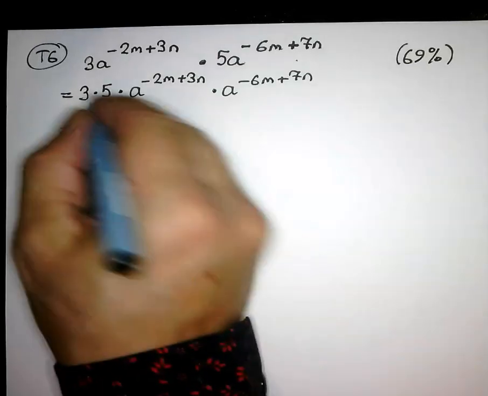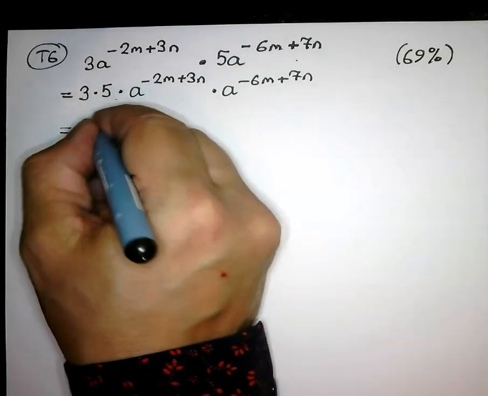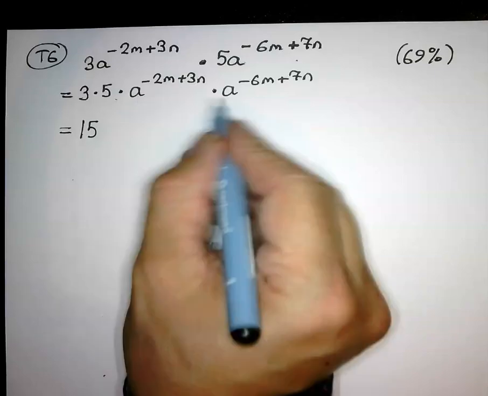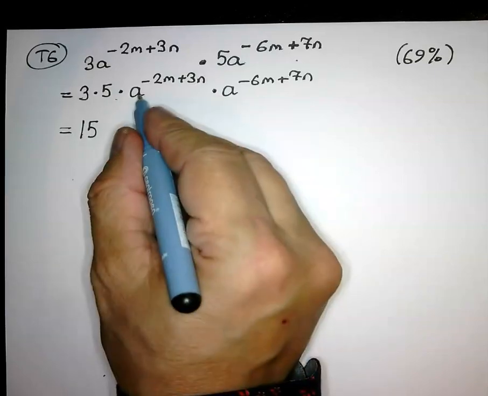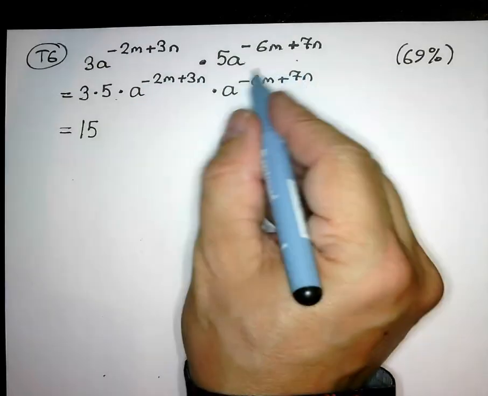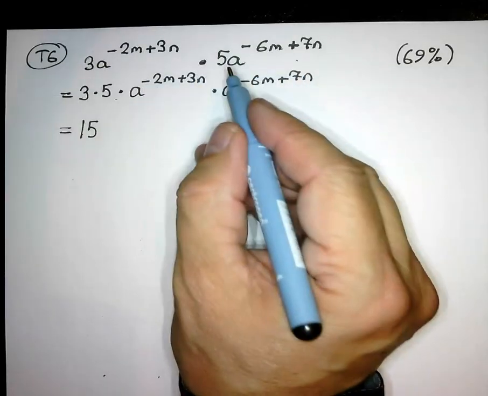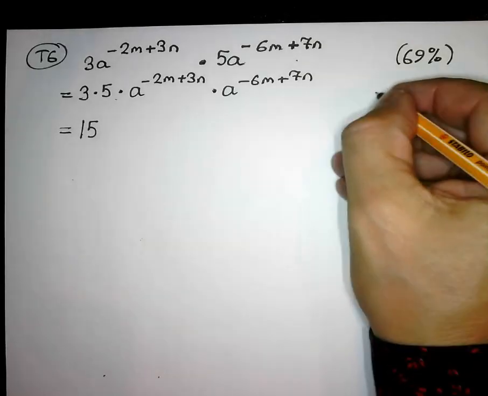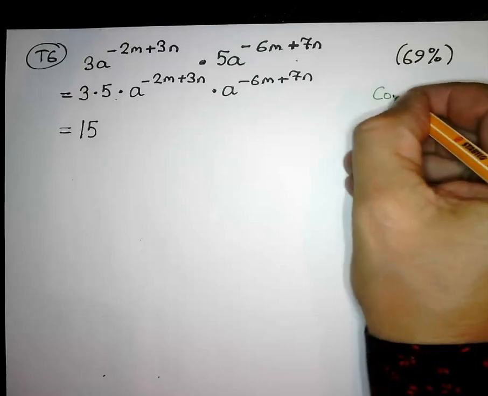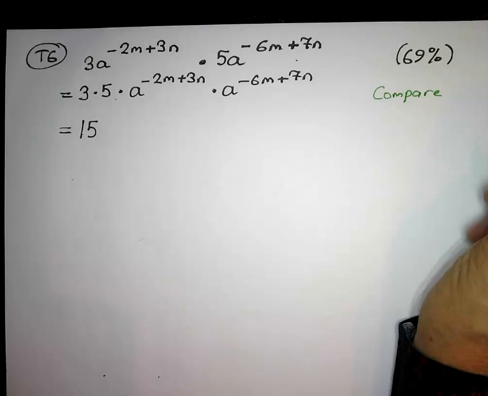So here we have 3 times 5, so it is 15. And then we have this common a and a, and with the a's we have different exponents, different powers.